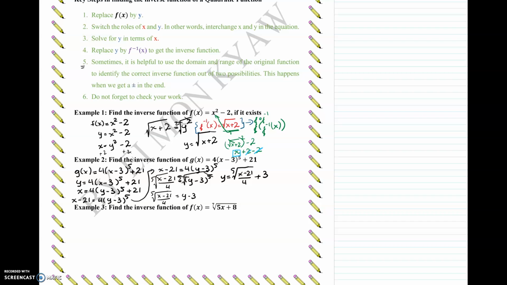And you write in terms of f inverse of x is equal to the 5th root of (x minus 21) over 4 plus 3. Also, this radical is for the whole fraction, not just the numerator but also the denominator. So we get the answer.